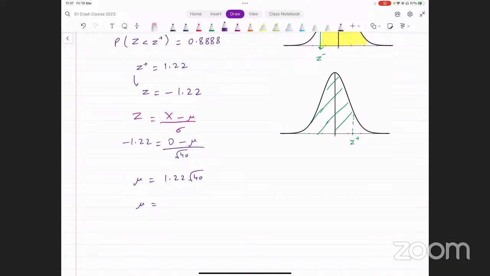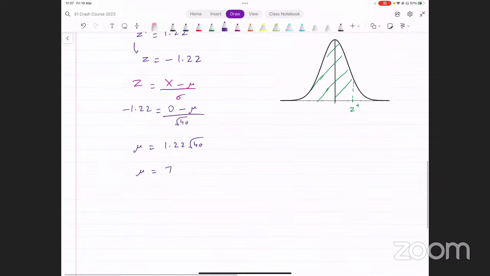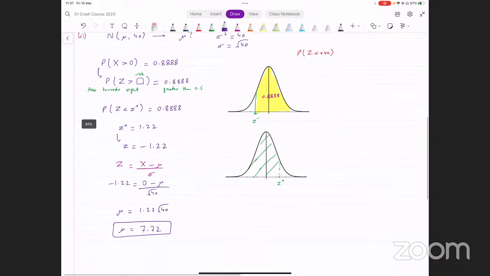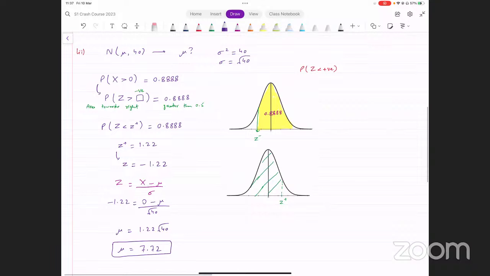This gives us 7.72. And that is what we were looking for. Mean of this data was missing. This is how we can use inverse normal to find the mean. All right, so that's how inverse normal works.